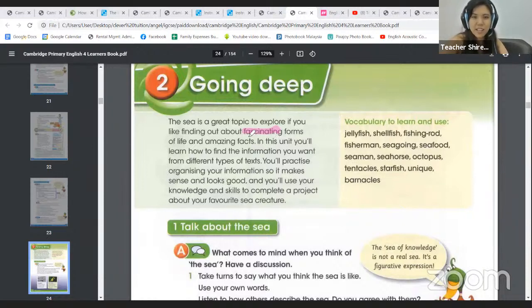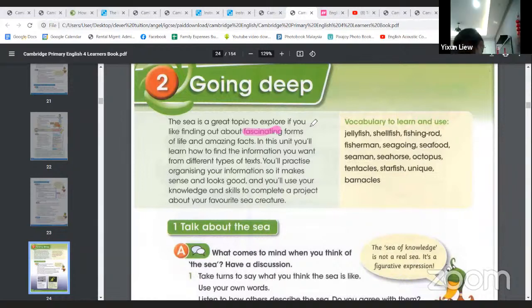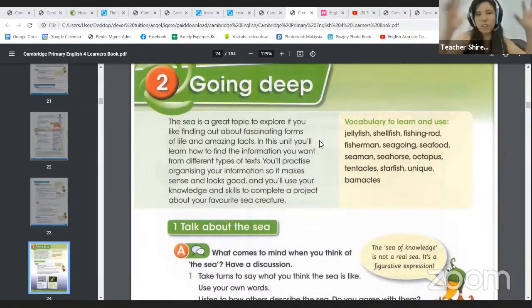Very good. Can you read after me this word, fascinating? Fantastic. Okay, this is the fun part. I'll show you a lot of videos throughout this whole chapter 2, about different parts of the sea, going deep into it, like an iceberg, the Atlantic or Arctic.